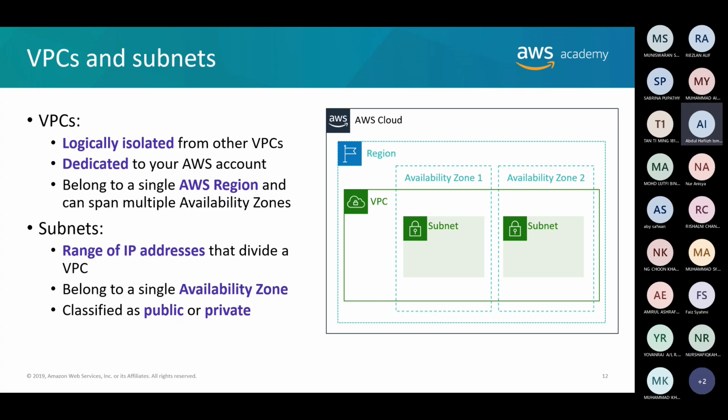Public ni yang unik satu dunia. Maksudnya bila kita kata public IP address, contohnya 1.1.1.1 mungkin is public IP address. So satu dunia dia seorang je ada that public address.